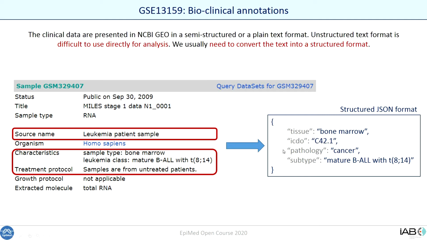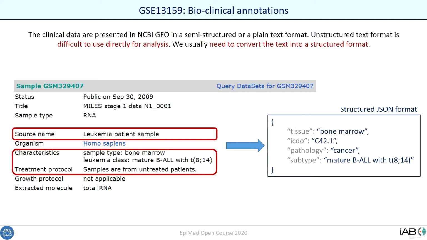We can also be interested in introducing a category pathology and saying that this sample is a tumoral sample, it's a cancer. Of course, a human brain can deduce very easily that it's a cancer because we know that it's a leukemia, but the computer doesn't know that a leukemia is a cancer.